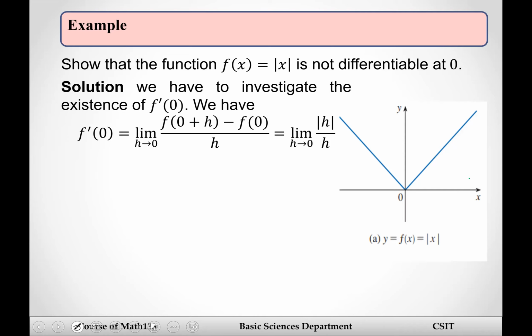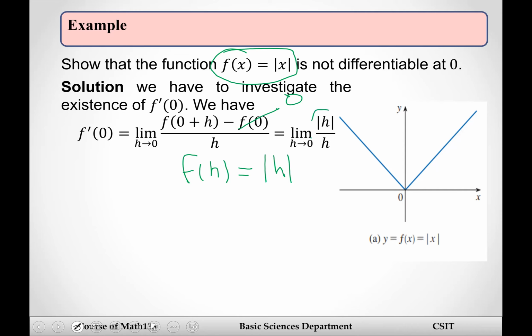That's the second definition that we use here. And when we replace this, because f of x is equal to absolute value of x, since f of 0 is 0, f of 0 plus h means f of h, and f of h is exactly equal to absolute value of h.